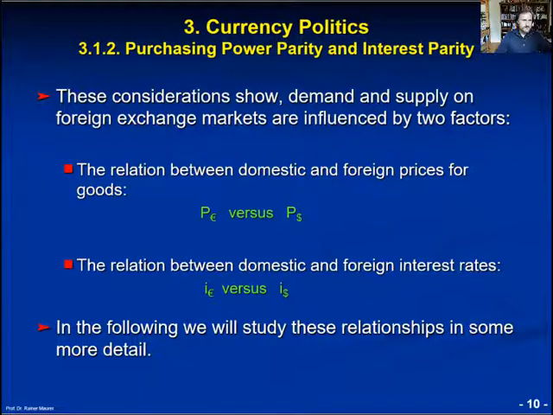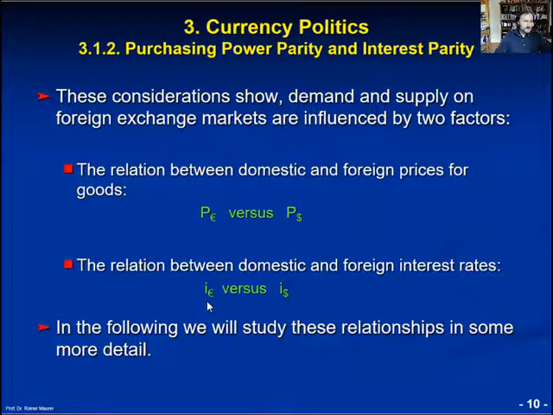These considerations show that demand and supply on foreign exchange markets are influenced by two important factors: the relation between domestic and foreign prices of goods, so the price level of domestic goods versus the price level of foreign goods, and the relation between domestic and foreign interest rates.